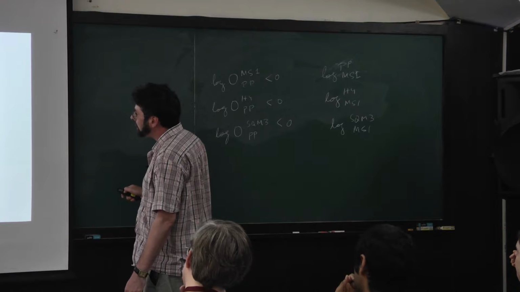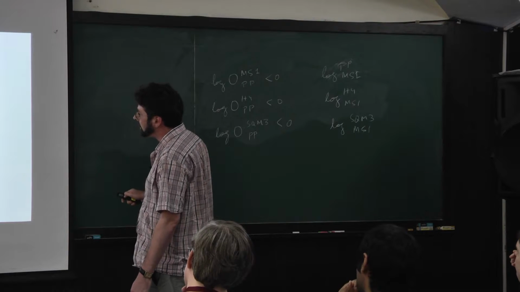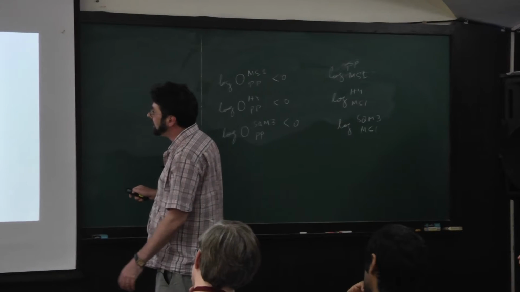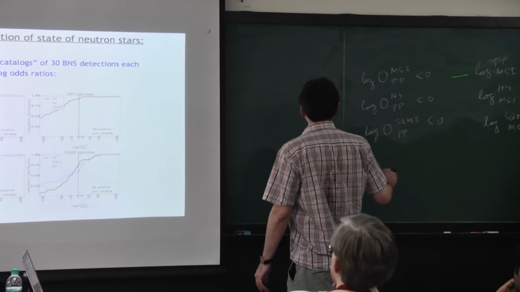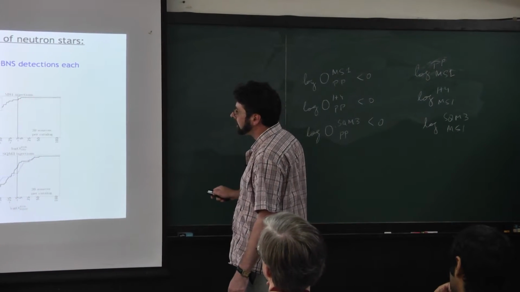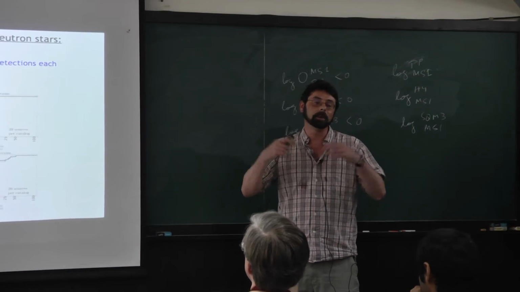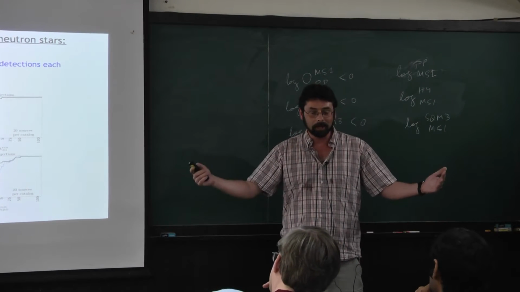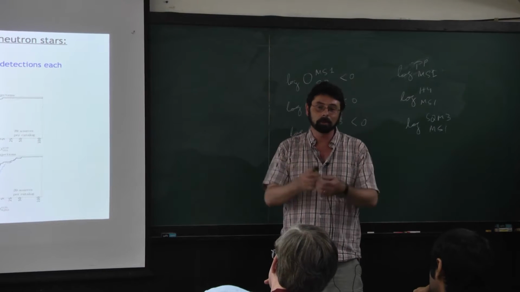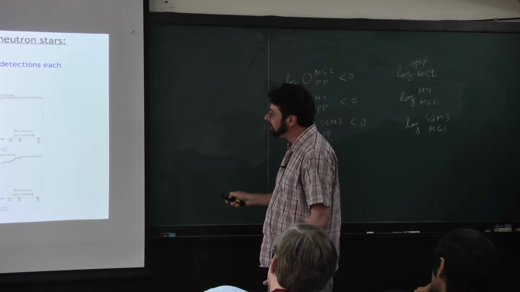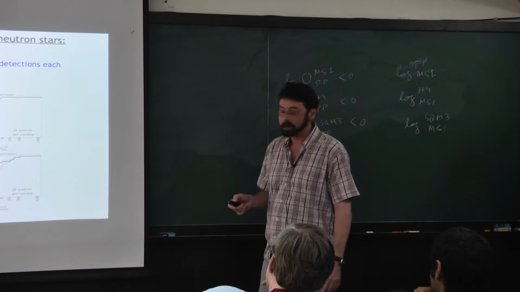This time, what is most deprecated, that is, has the most negative log odds ratio, is PP versus MS1. Entirely as expected, because now the signals have this very hard equation of state with large radii, which is the furthest you can get from the point-particle model, and indeed the point-particle model is the most deprecated.